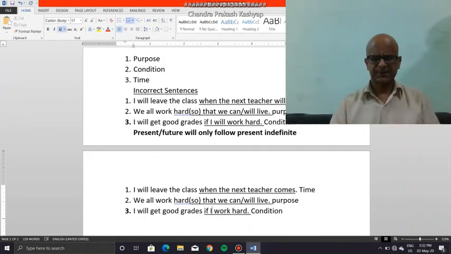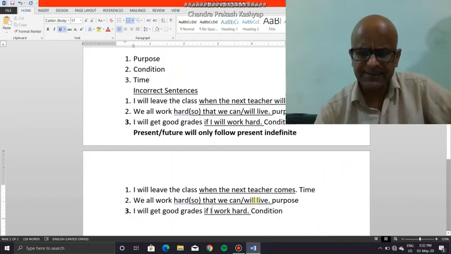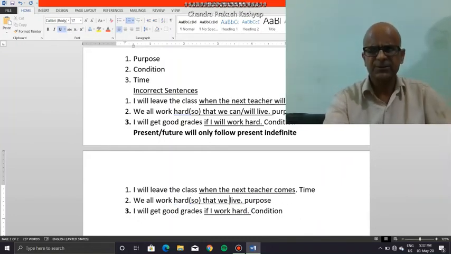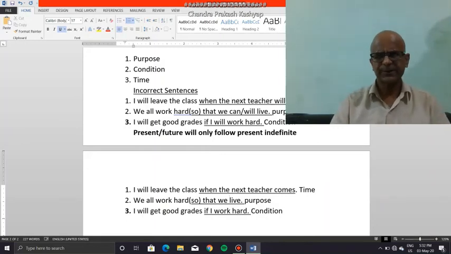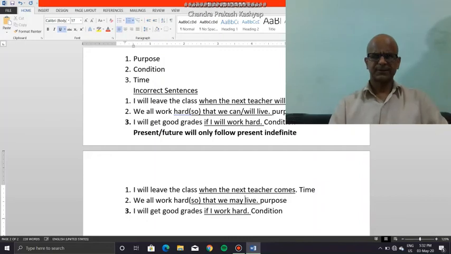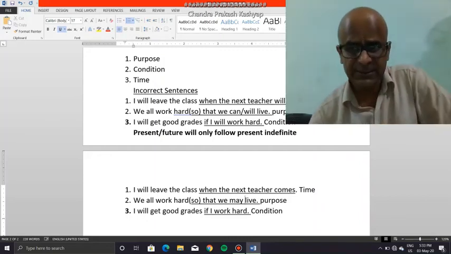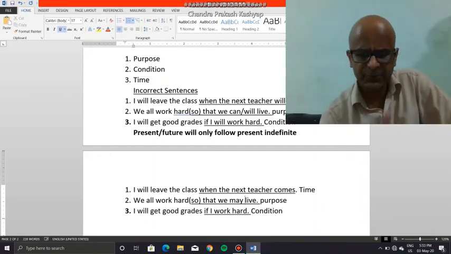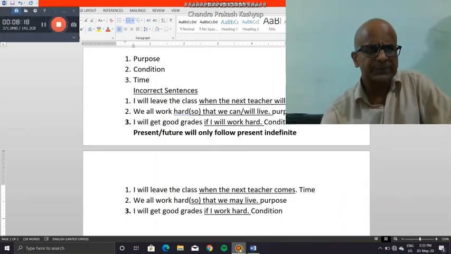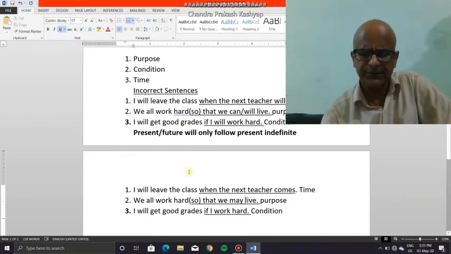And the second sentence is very important on two counts. If the subordinate clause states purpose, one, I cannot use any tense. Second, I will only use may. Only may, and no other modal. I can use may or might depending on the tense of the finite verb.